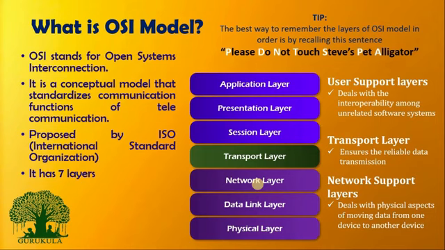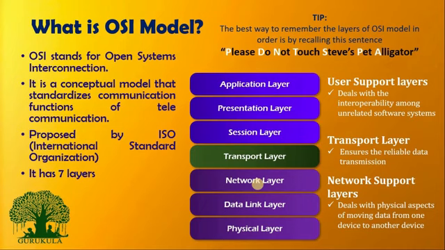And then since it is a standard, we cannot change the order of these layers. Every interviewer will expect you to answer the 7 layers in the prescribed order. So in order to remember all the 7 layers in the exact order, you can make use of this particular sentence.